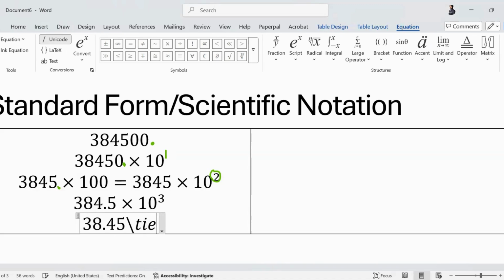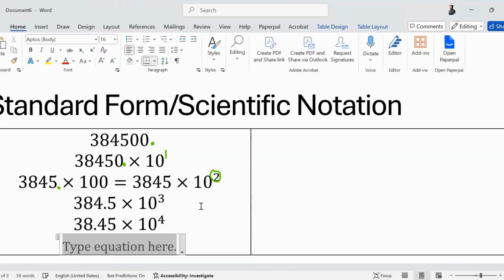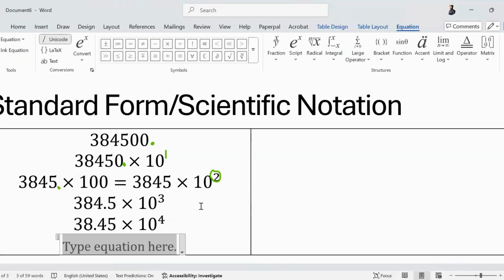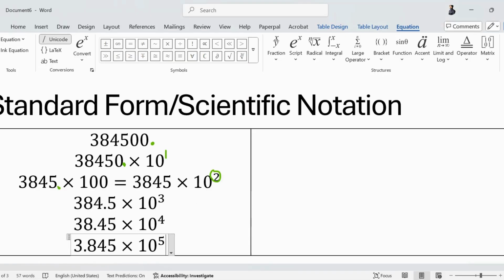38.45 times 10 to the power 4. Do you see the trend? इसी तरह if I write 3.845 into 10 to the power 5.